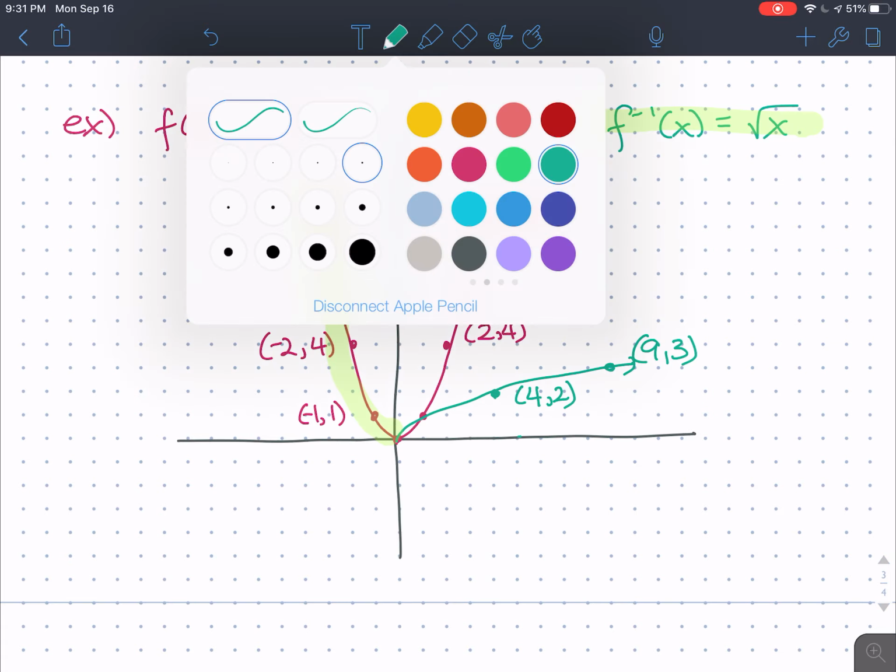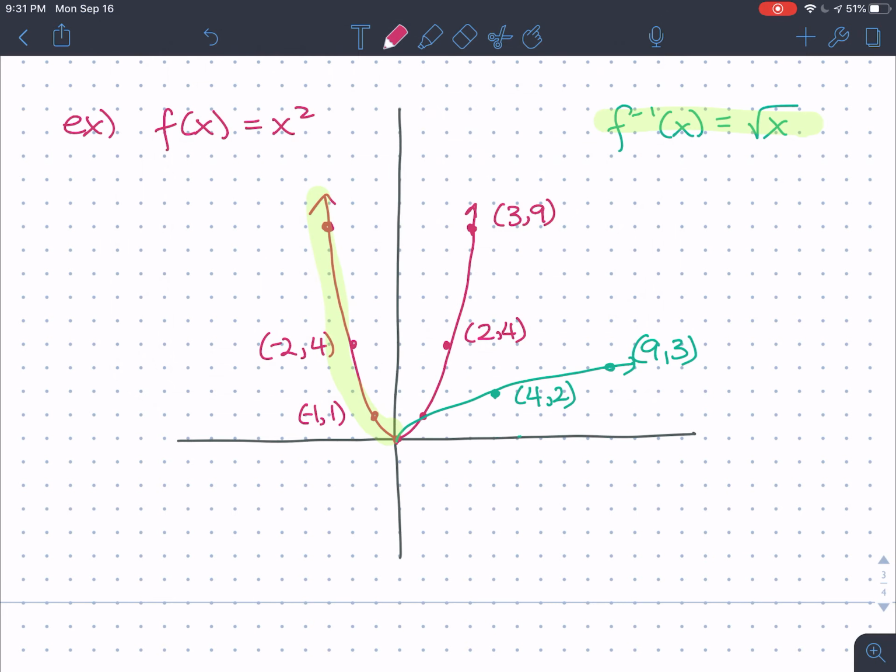In order to fix this problem, what you'll often see being done when we're dealing with inverses, we restrict the domain so that way we have true inverses of each other. If I say x is greater than or equal to 0, it gets rid of all of this stuff where the x values are negative. And now we're left with a good-looking graph. The two graphs really are reflections about the line y equals x. We have inverses. The inverse is a function. All is well. All is happy in the world.